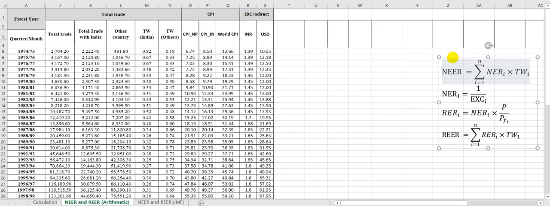It's simple. NER equals the summation of NER_i times the trade weight of country i. Since we have this data, first of all we will convert the exchange rate into direct quotation.